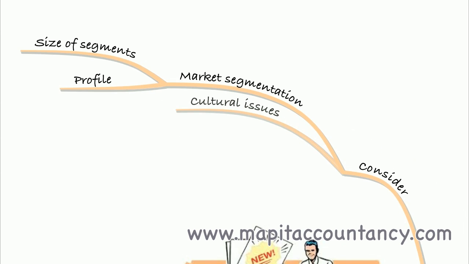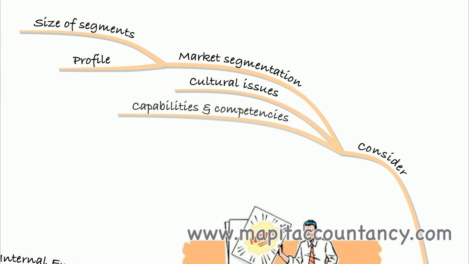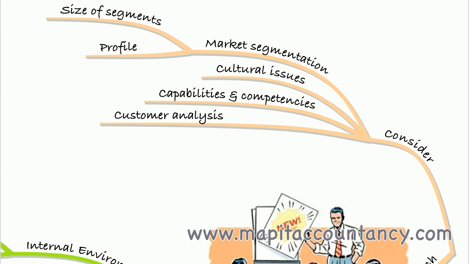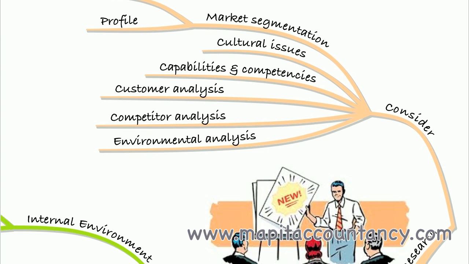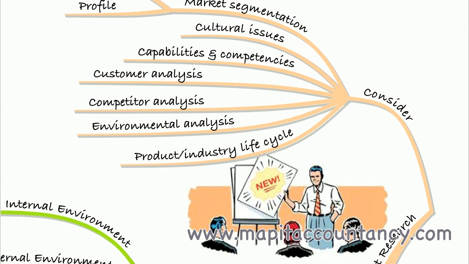We also need to consider the cultural issues in the market in which we're competing, the capabilities and competencies both of us and our competitors, a customer analysis so that we understand our customers, a competitor analysis so that we understand those outside the business that are actually competing with us, and an environmental analysis, which we'll do through a PESTLE analysis, which we'll look at later. Also, we'll do a product or industry life cycle analysis. So all of these we're going to look at over the next couple of lectures.